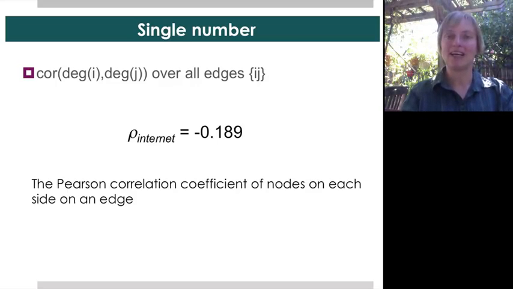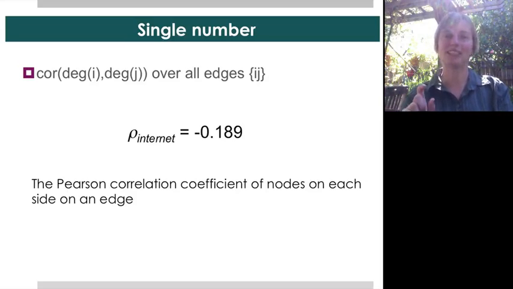For example, yes, on average, the network is disassortative, but we also saw that the highest degree nodes were actually likely to be connected both to each other and to the very low degree nodes, and it was the middle that was the missing chunk. Still, it's nice to just be able to characterize this property with a single number.